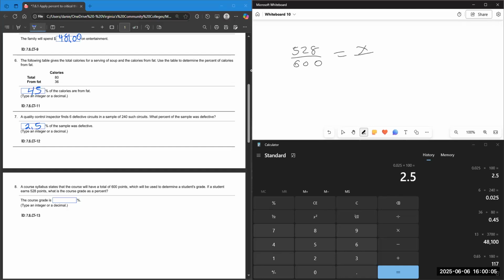So what percent did they earn? 52,800 over 600. So they got an 88% in the course.